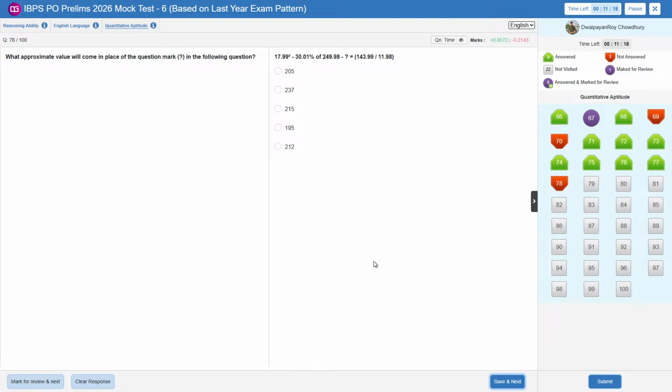Then 18 squared, 324 minus 30% of, so 75 minus x is equal to 12 by 14, so 12. So 12, 312 minus 75, so 63 less, 63 less this one.